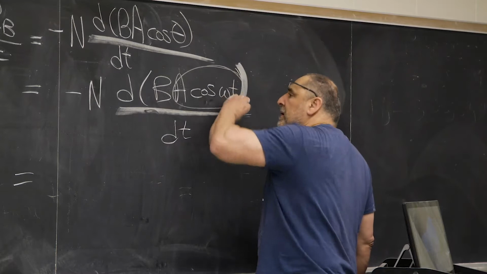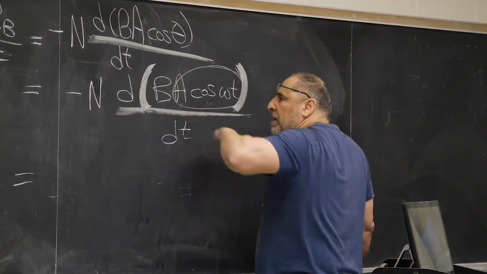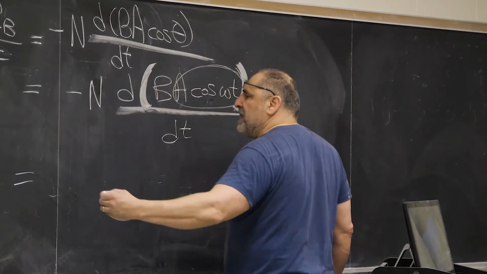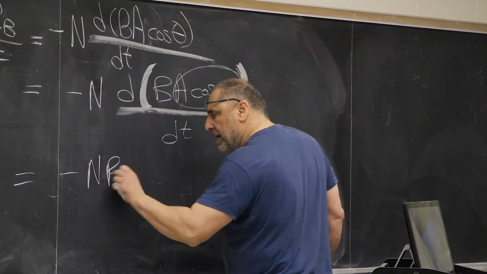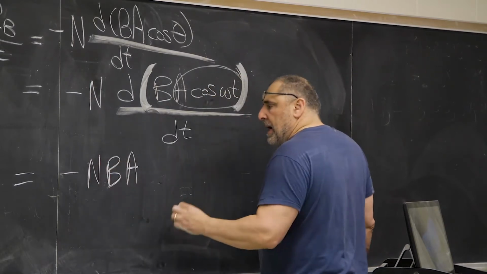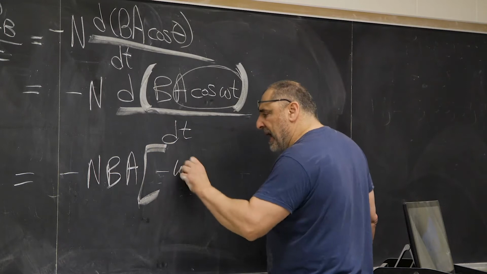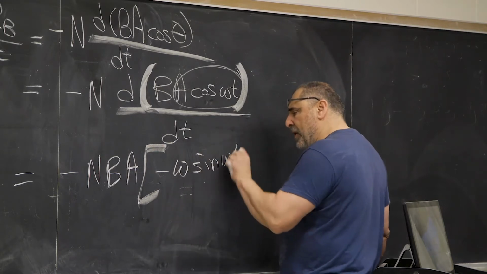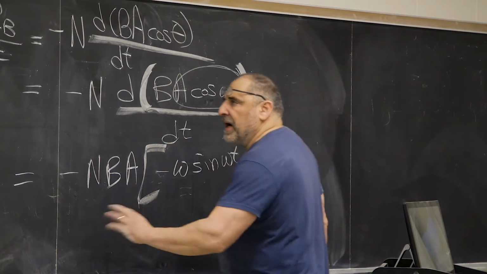So with that in mind, let's deal with it. You got negative NBA times negative omega sine omega t. And that's where they're getting the derivation on all this.